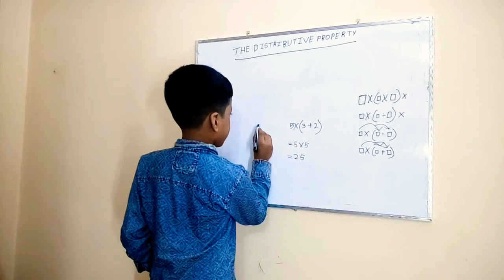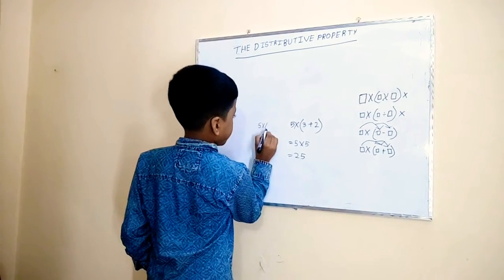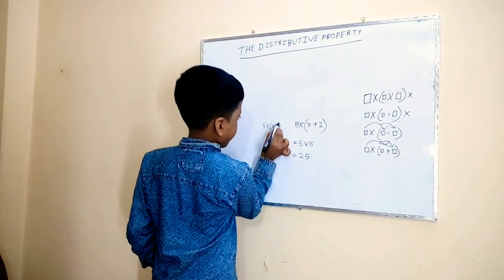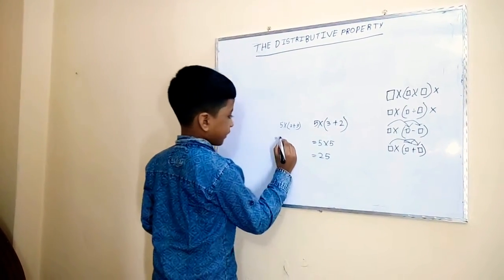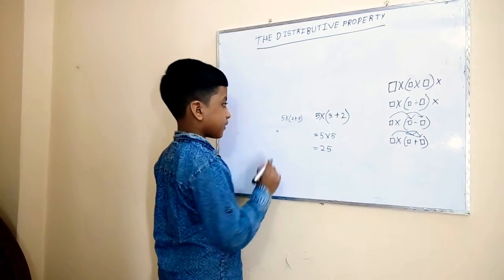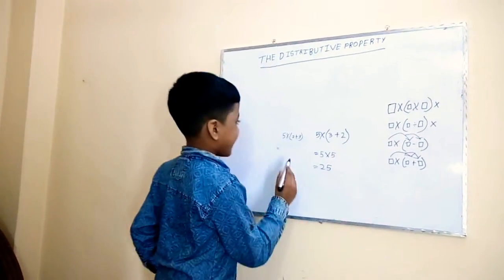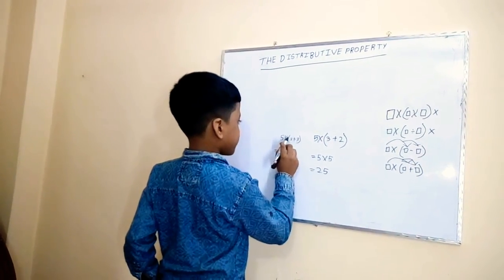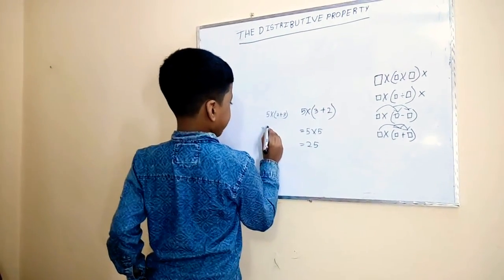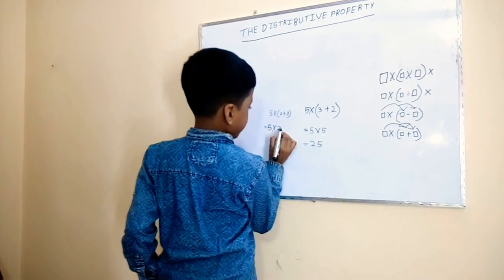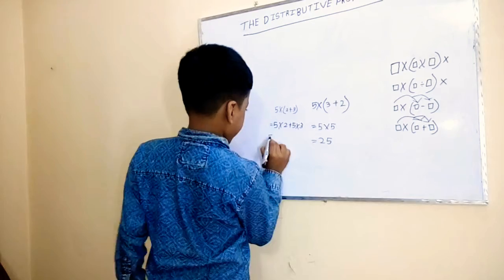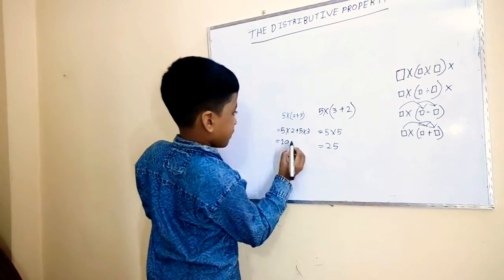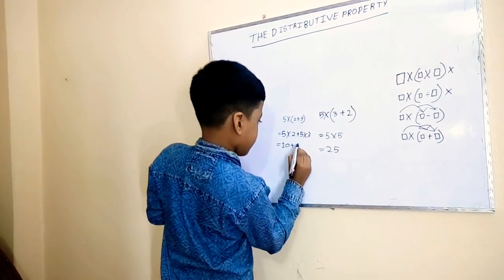Now, let's use the distributive property. 5 times the group, 2 plus 3. The distributive property allows us to take the factor 5 and distribute it to each member in the group. That will give us 5 times 2 plus 5 times 3. And 5 times 2 equals 10. 5 times 3 equals 15.